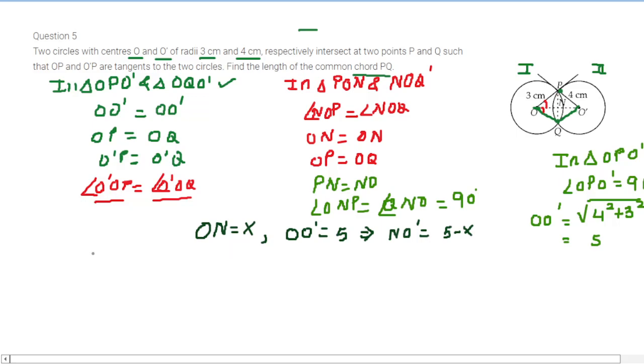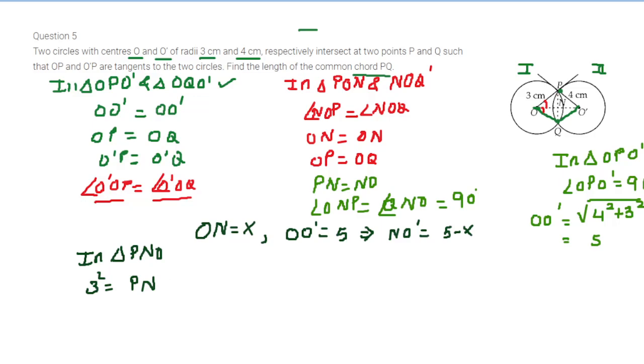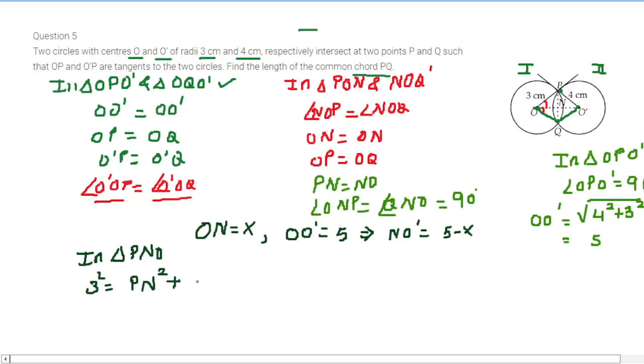Now in triangle PNO, this will be a right angle triangle, so we can use Pythagoras theorem here. 3 square will be equal to PN square plus x square. So it means PN square will be equal to 9 minus x square.